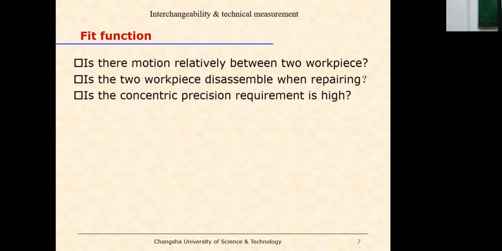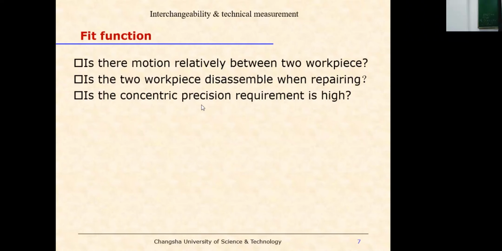If the two workpieces need disassembly when repairing, and the concentricity requirement is higher, that is the fit function.